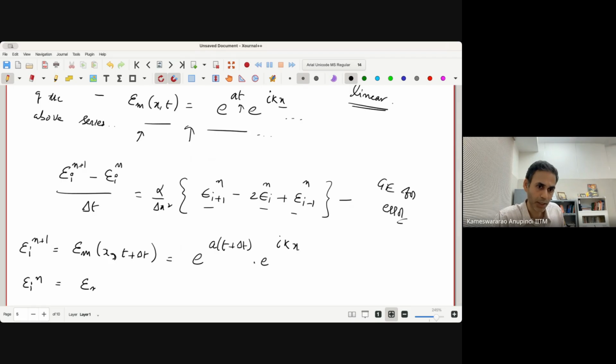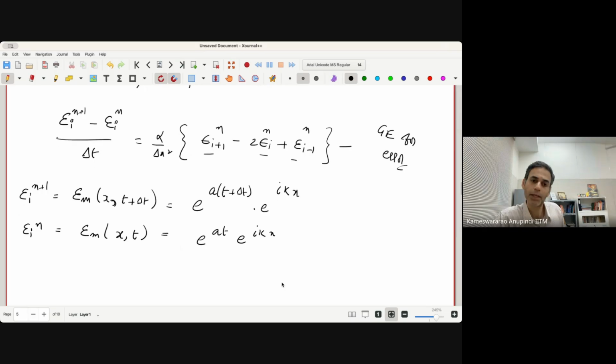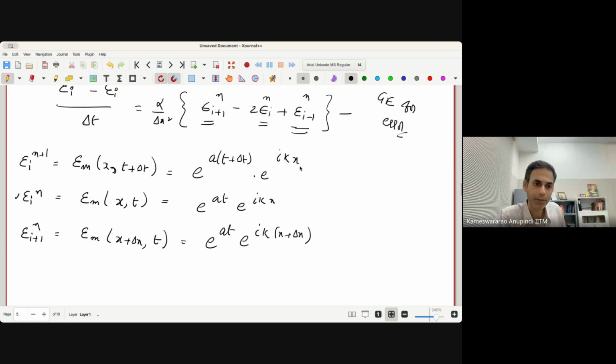This is epsilon_m at time t and space x, so it is e^(at) e^(ikx). Similarly, epsilon_(i+1)^n is at a grid point of x plus delta x and time level t. That is going to be e^(at) e^(ik(x+delta x)). Now epsilon_i^n we have already calculated. Then I need to calculate epsilon_(i-1)^n.